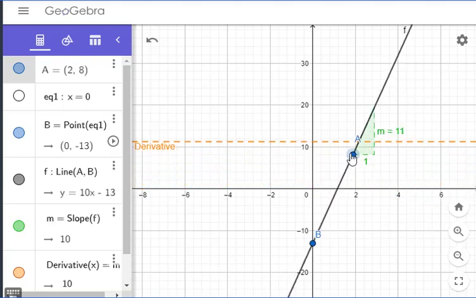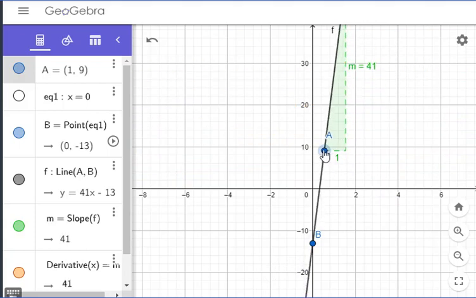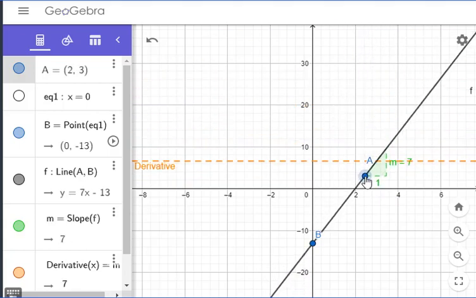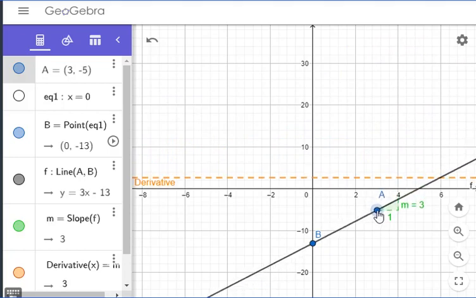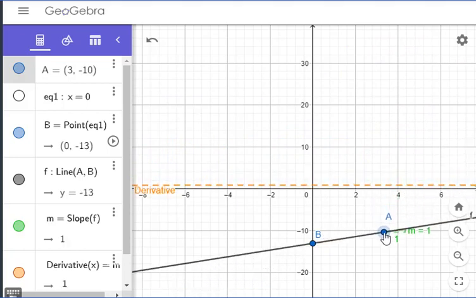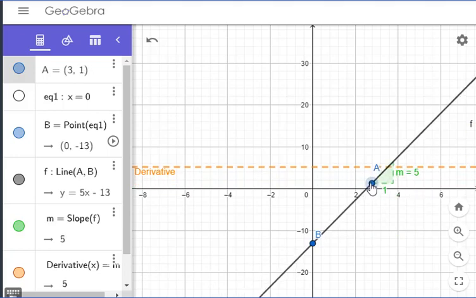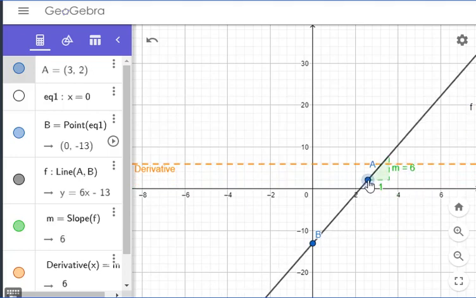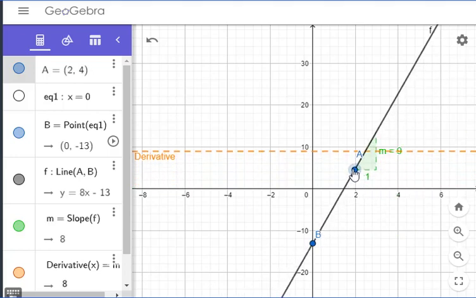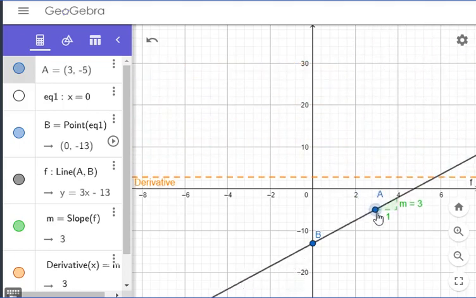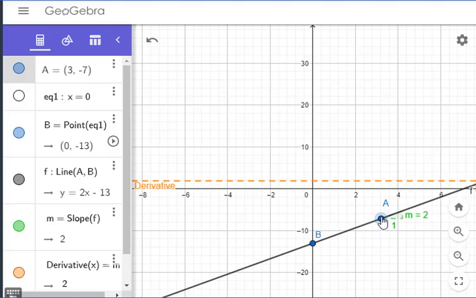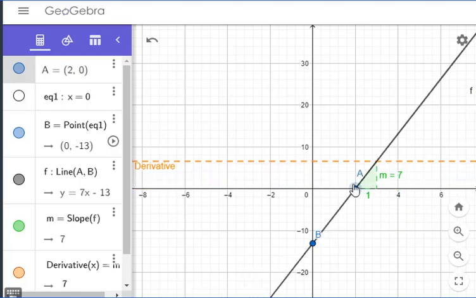Then you will see the value of the derivative is changing when I move this a. In other words, when the slope of a linear function is changing, then the value of the derivative is changing. How do they change?